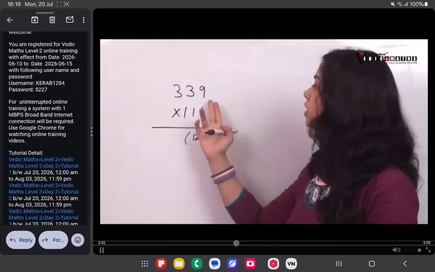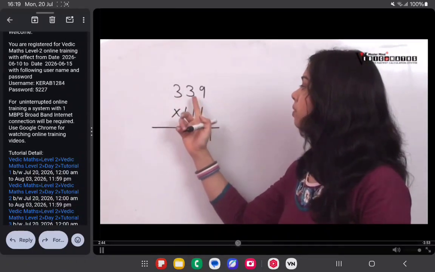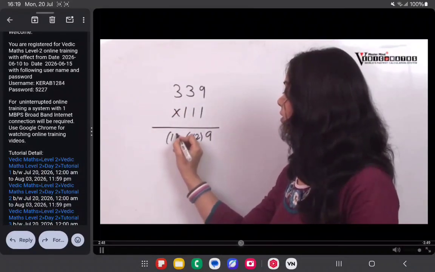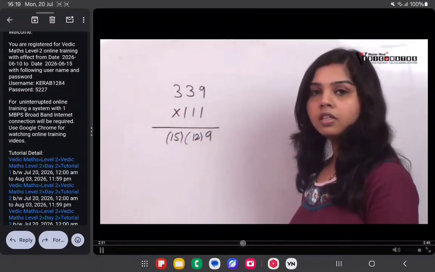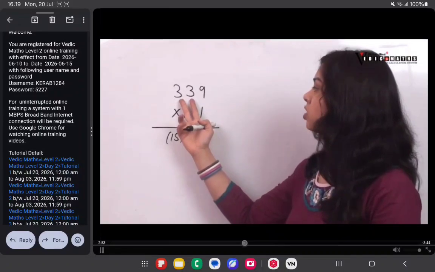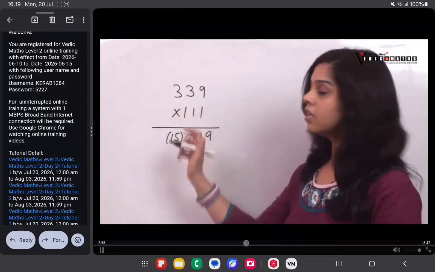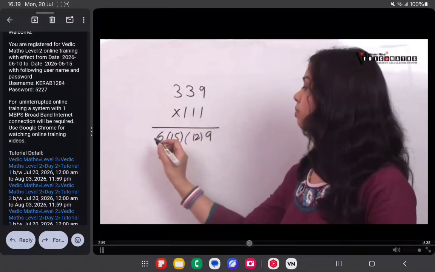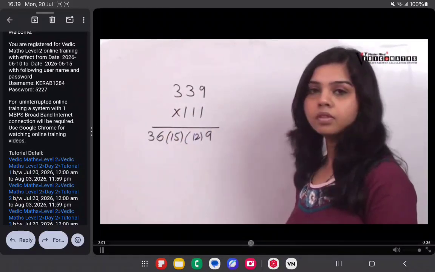Then the sum of these three numbers: 9 plus 3 is 12, 12 plus 3 is 15. That means we can write 15 here. Then the sum of the last two numbers, 3 plus 3, is 6. Then the first number as it is.